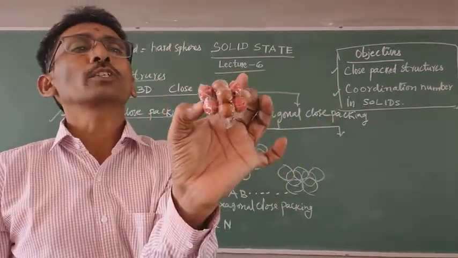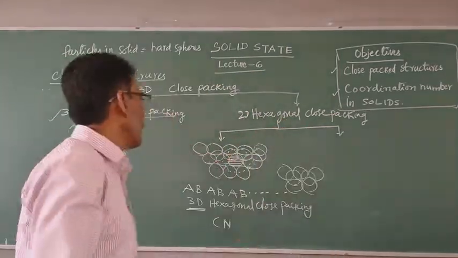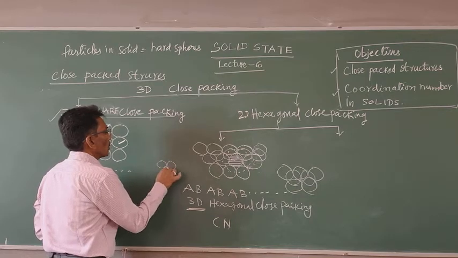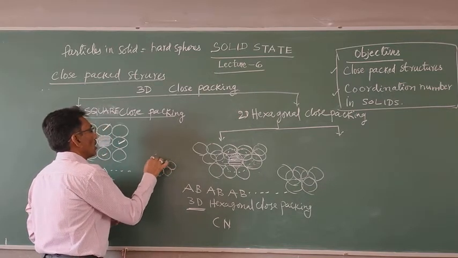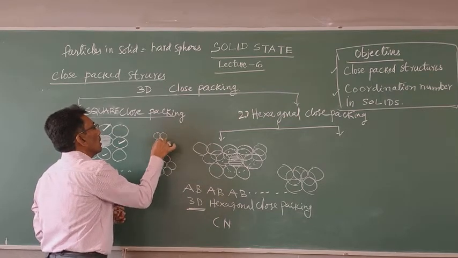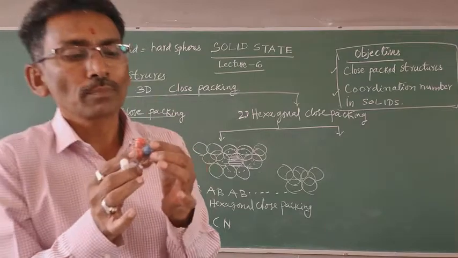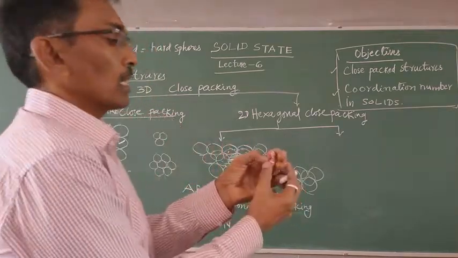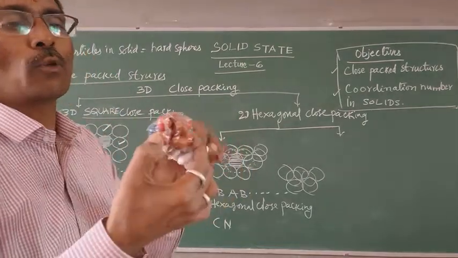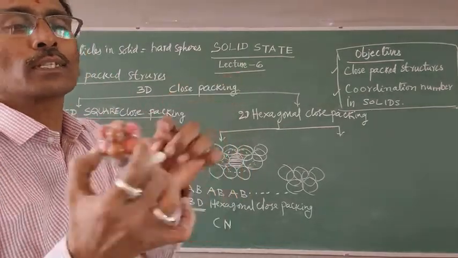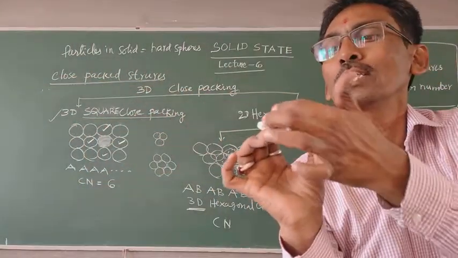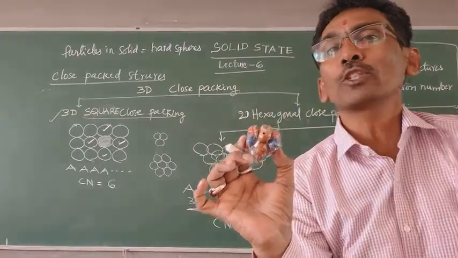Now you are watching this one, and in the book it is nicely given and drawn like this for your better understanding. 6 spheres here, a triangle. See the triangle I am drawing, and here the balls: blue color, 2 red colors, blue color, red color. Here the position is the same, but here the position of the particle is not matched.